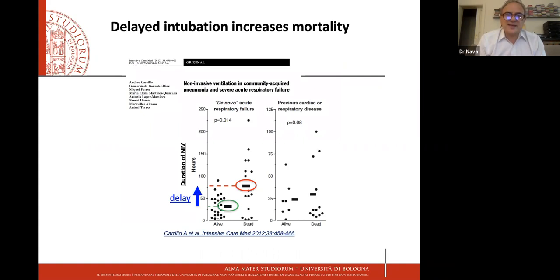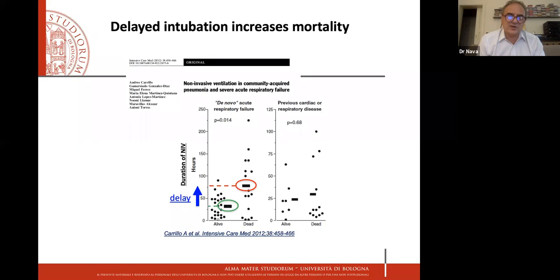Delayed intubation, as a matter of fact, increased mortality in de novo respiratory failure. Well, this is a paper from a Spanish group of Antonio Torres, non-invasive ventilation in community-acquired pneumonia and severe acute respiratory failure. You see here, patients alive were eventually intubated pretty early.